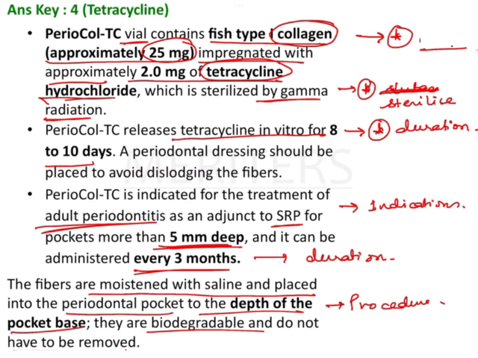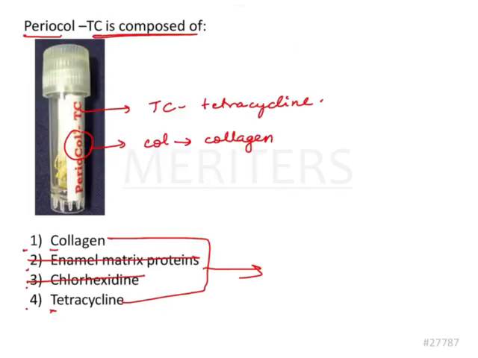So now looking at the summary of everything, we have collagen and tetracycline both as answers to this question, but we can only choose one because both options together are not a single option here. Both collagen and tetracycline are relevant to Periocol TC. But let us try to understand that collagen is purely a vehicle here to carry tetracycline.